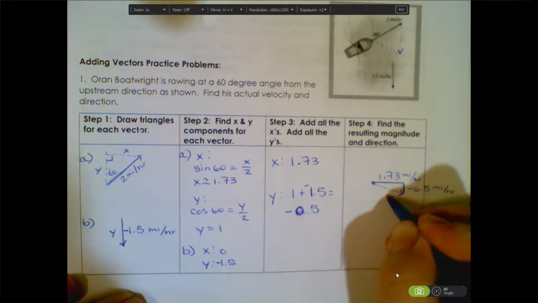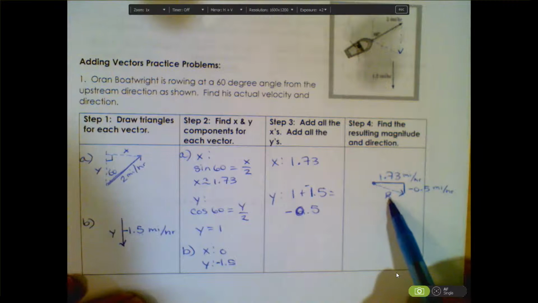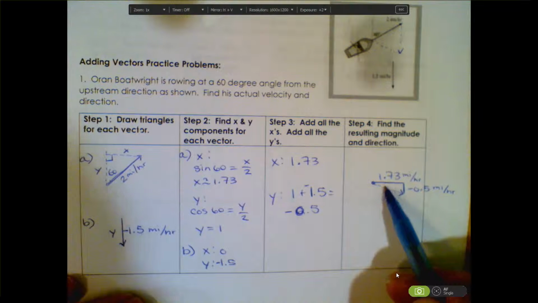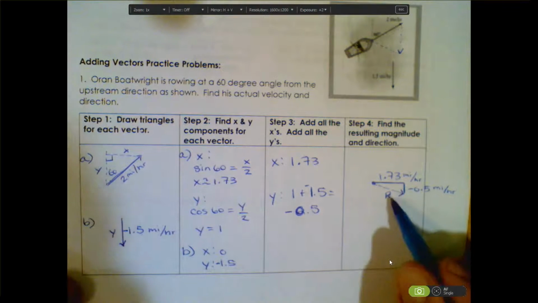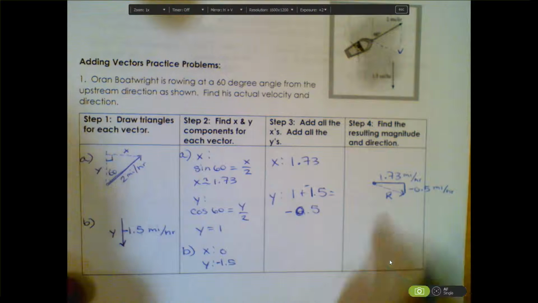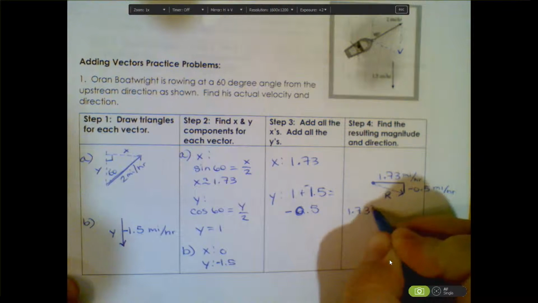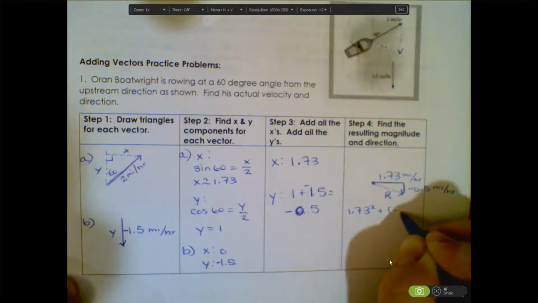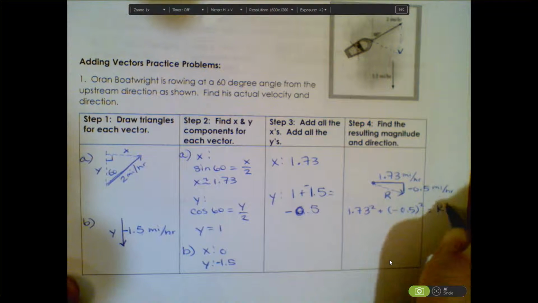Okay, so now I need to know what is this resulting vector. We could call that x. We'll call that r, so we don't get confused with the x component. And then I need to find the angle because that's going to be my direction. So to find r, I can use Pythagorean theorem. A squared plus b squared equals c squared.